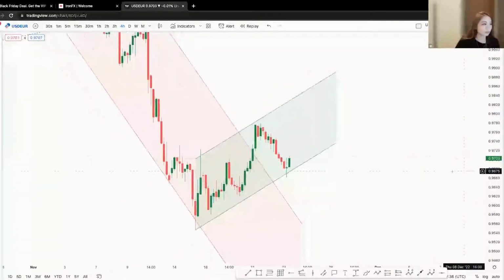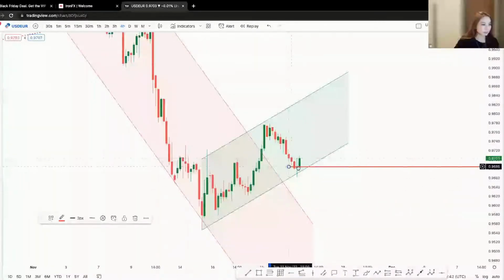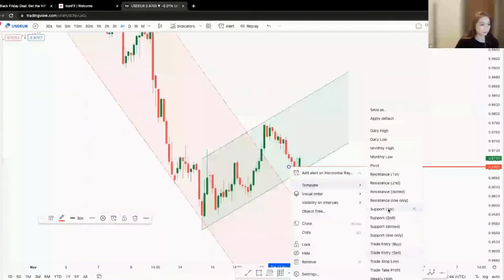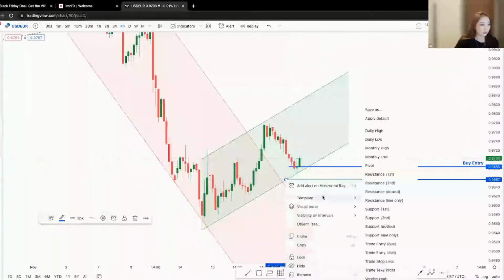If you really want to, you can do a very small analysis here, just right below the support area.